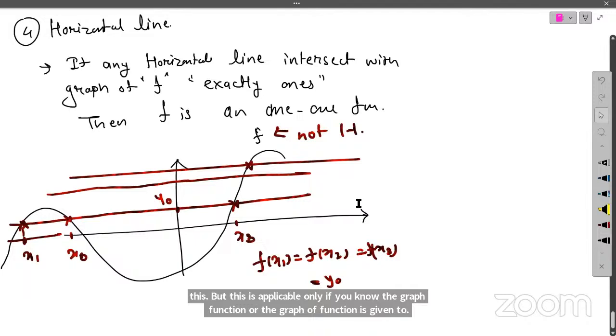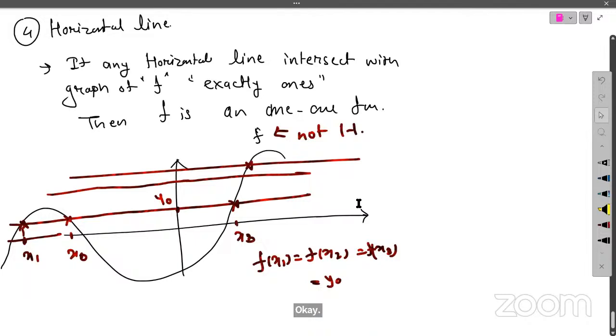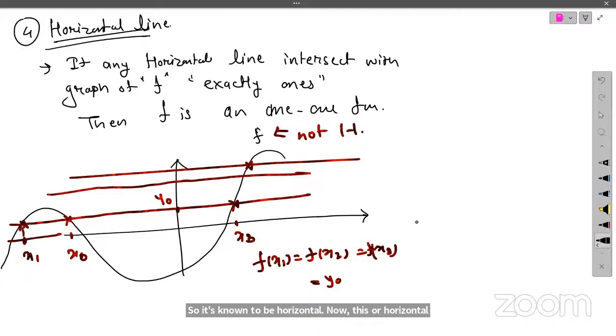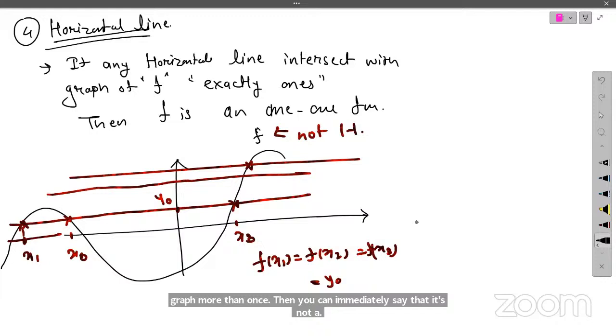Is it visible now? So it's known as the horizontal line test. It means you have to draw several horizontal lines, and if one of them cuts your graph more than once, then you can immediately say that it's not one-one.